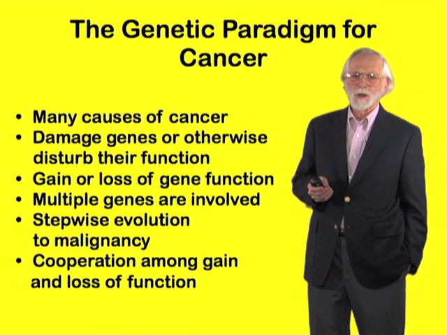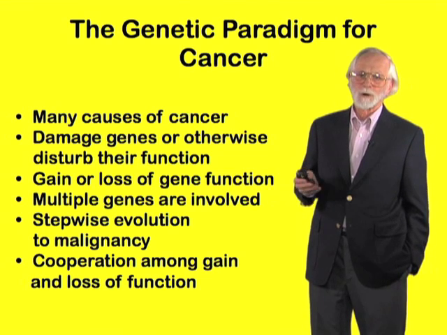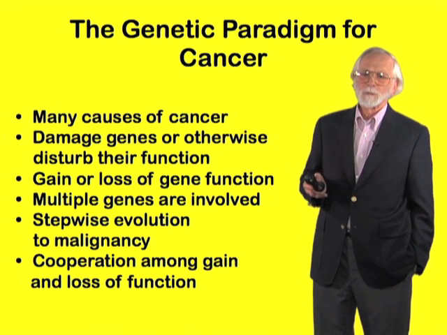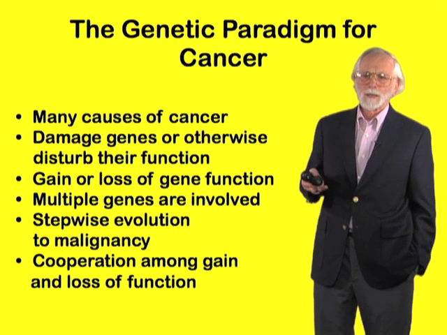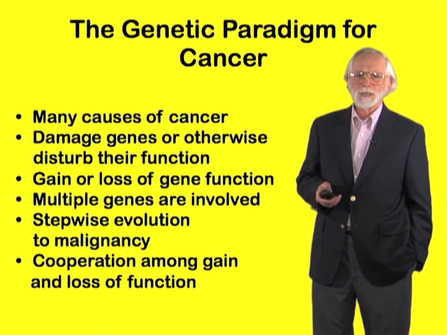Multiple genes are involved, from as few as 1 or 2 to as many as 20 or more, depending on the cancer and the age that it arises. There is a stepwise evolution to malignancy, probably resulting from the selection for favorable properties of the evolving malignant cell. And there is this cooperation among gain and loss of function.